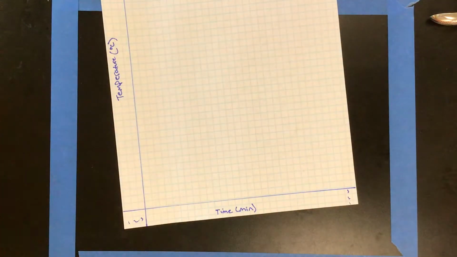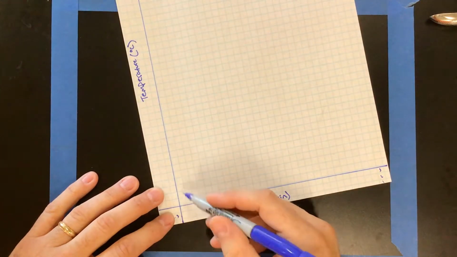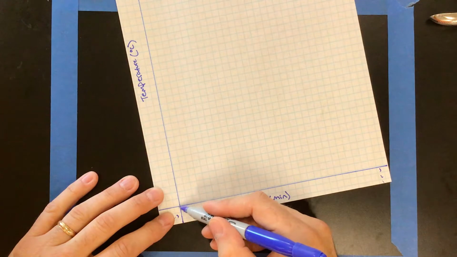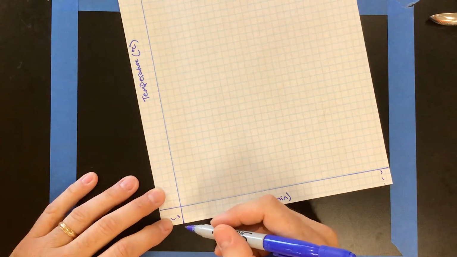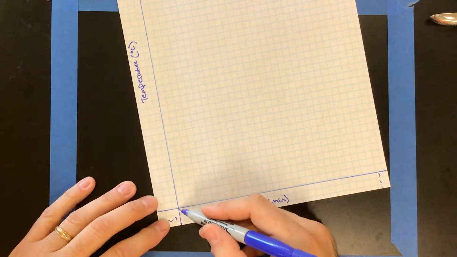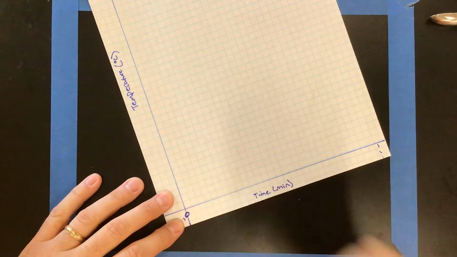Then the last one is our even spacing and even increments. In science, you don't always have to start at 0, 0 as this intersection. If it's a data point that we're using, then you definitely want to make that a 0. So for time, we are usually going to start with time 0.